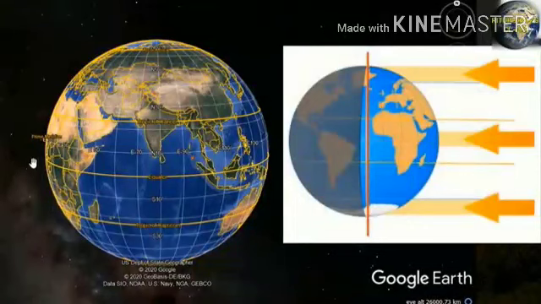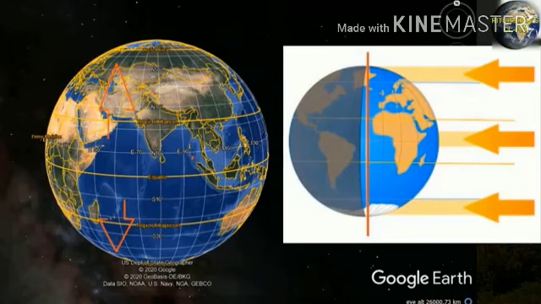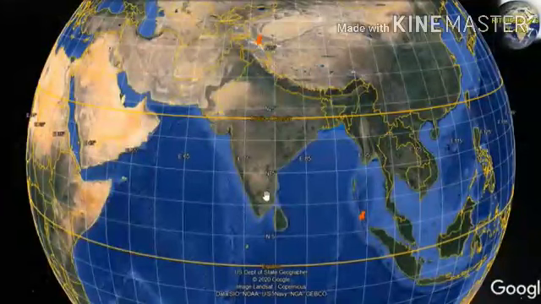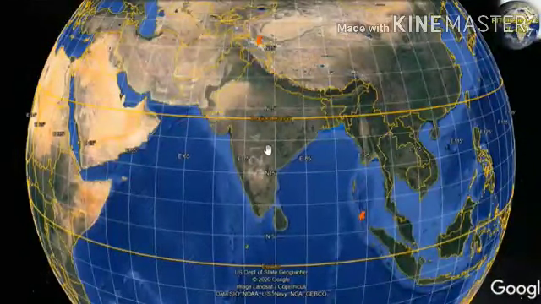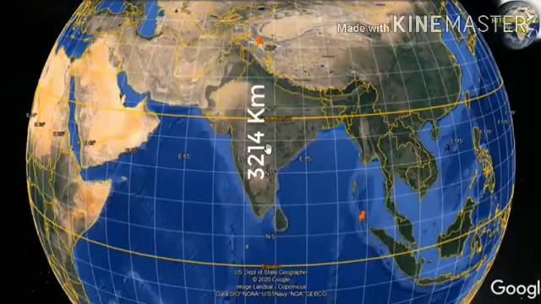At the equator, the sun's rays are the most direct on the earth. But as you move towards the pole, the sun's angle in the sky decreases, and as a result, incoming solar intensity also reduces. The total length of India from north to south is about 3214 kilometers.